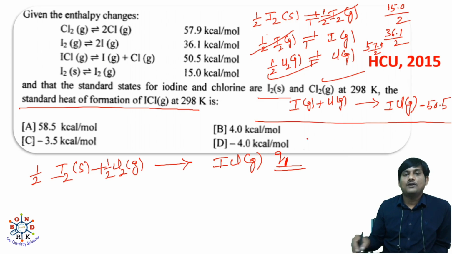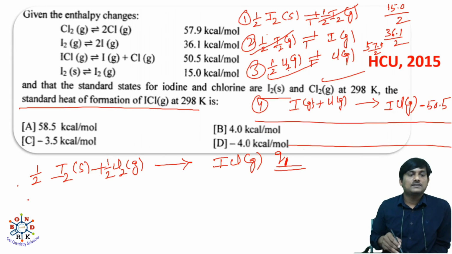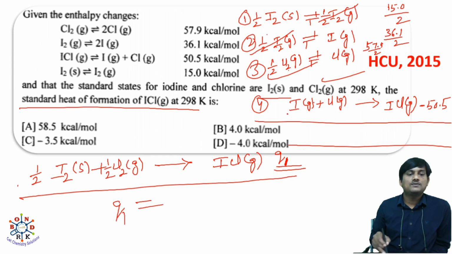Suppose if you add all these equations, let us take them as 1, 2, 3 and 4, you will get the fifth equation. So what is Q1?